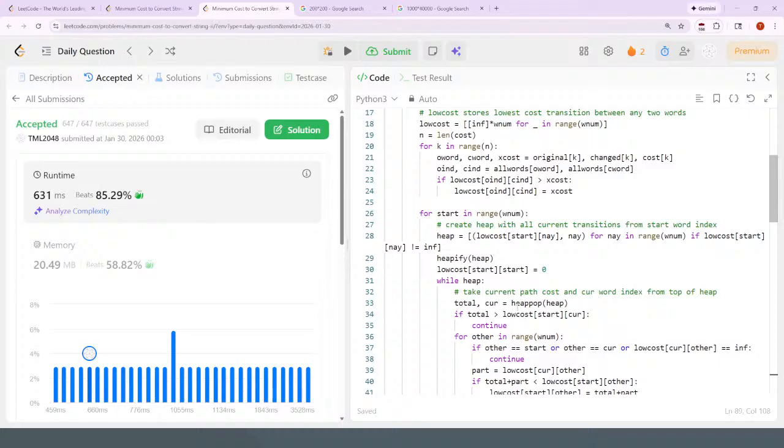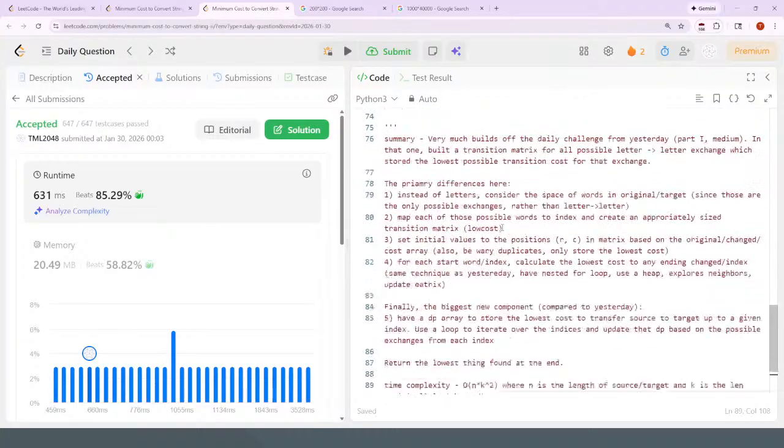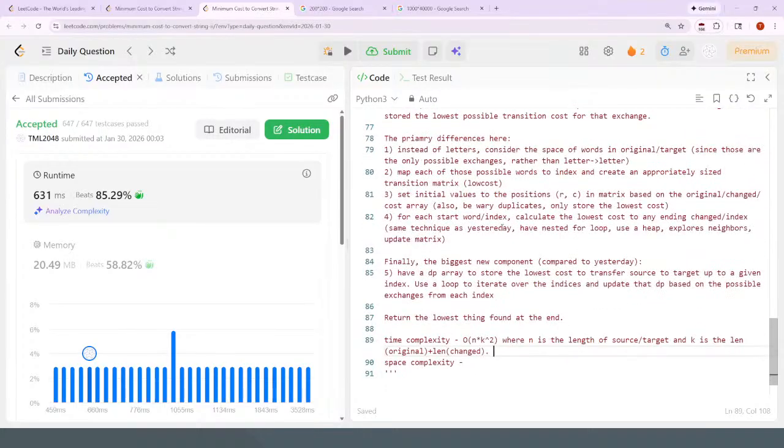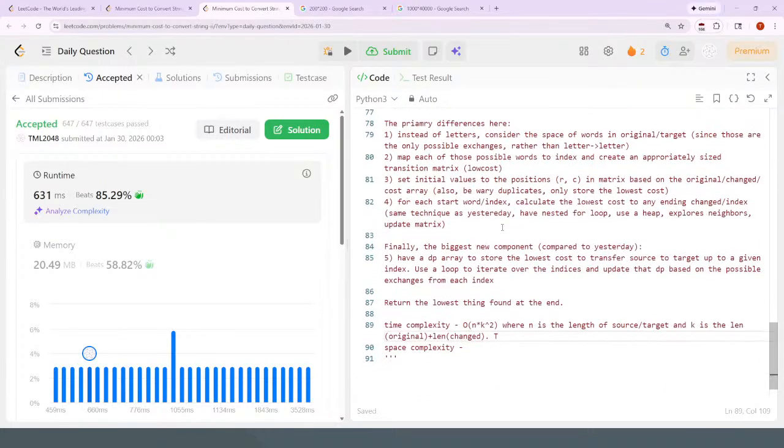Well, no, that's not right. For every starting index. No, yeah, this is. Oh, wow, I don't know. Is that actually right?